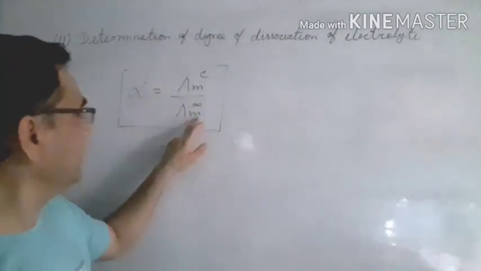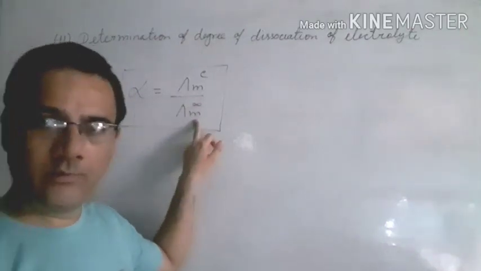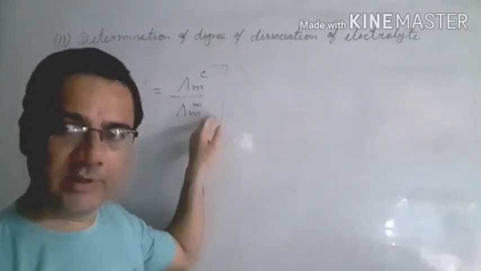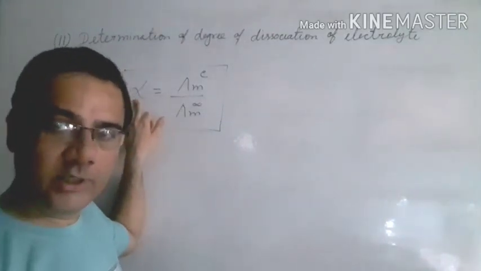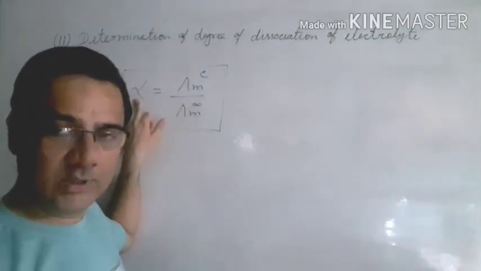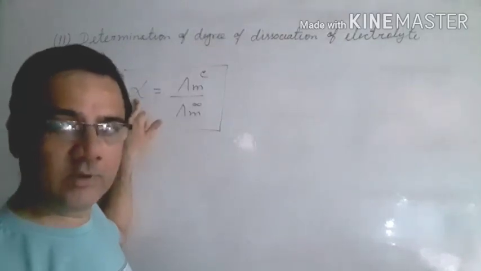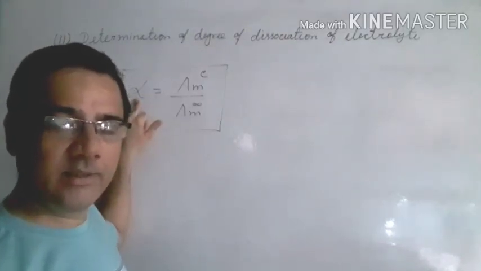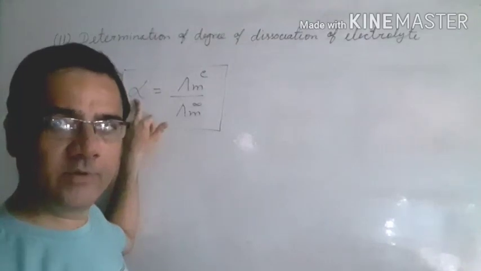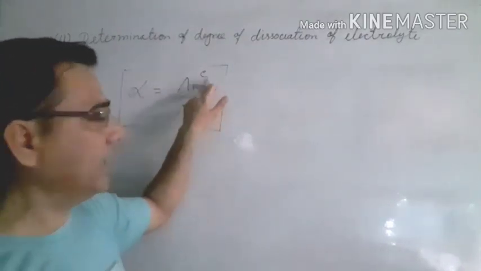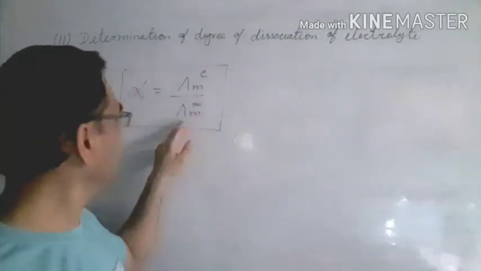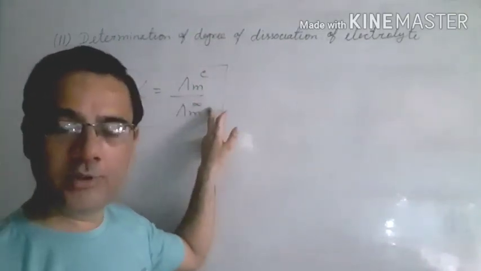Once we calculate the limiting molar conductivity of either strong electrolyte or weak electrolyte, with the help of that we can calculate alpha. And what is alpha? That is degree of dissociation. How much the strong electrolyte or weak electrolyte dissociates is called degree of dissociation, maybe 30%, 40%, like that. So that alpha is equal to molar conductivity at any concentration upon molar conductivity at infinite dilution.